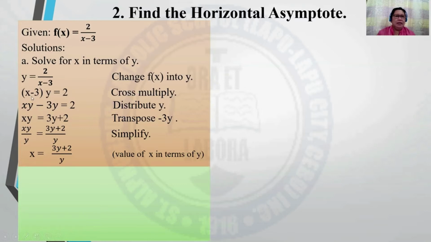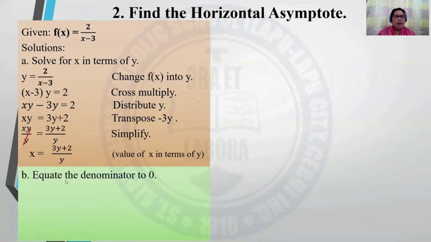Distribute y. So, you have xy minus 3y equals 2. And then transpose negative 3y. So, you have 3y plus 2. Divide by y, divide also the other side by y, cancel y, so what is left is x is equal to 3y plus 2 over y. This is now the value of x in terms of y.